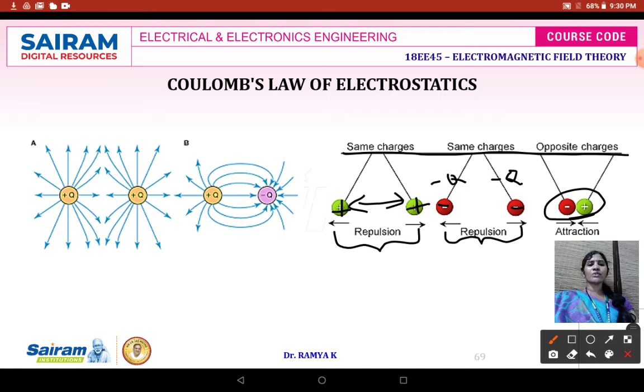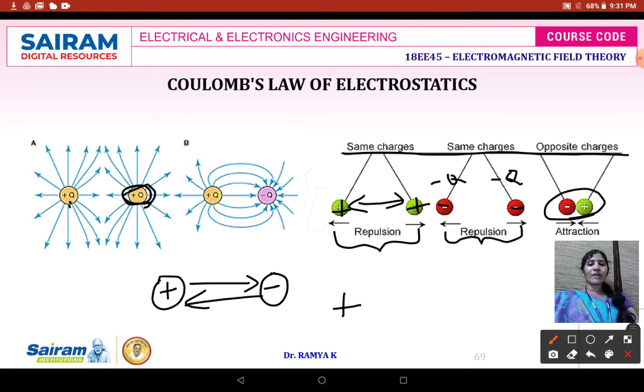Next, under Coulomb's law of electrostatics, here you can see it is positive q and this is also positive q. This charge will experience one particular force, and this charge will also experience one particular force. Suppose you have plus here and minus here, these two forces will get attracted towards each other, since they are unlike poles.